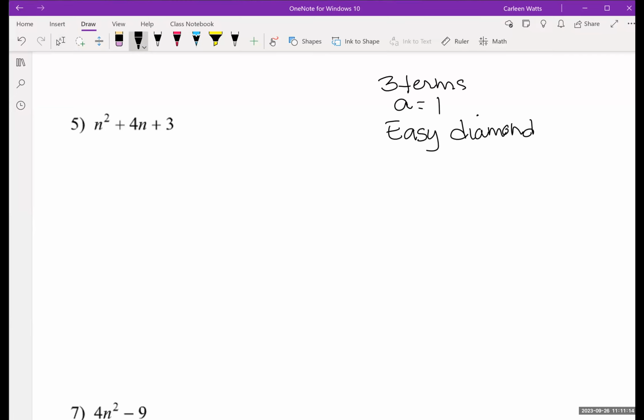Now, I'm not going to do the box. You can do the box. If you're like, no, I'm doing the box because otherwise I mess it up, you can do the box. But if A equals 1, it is a category easy diamond. You don't have to do the box.